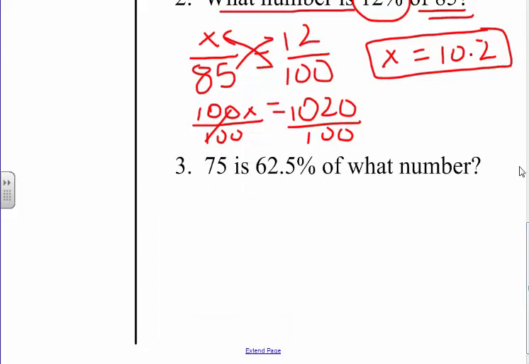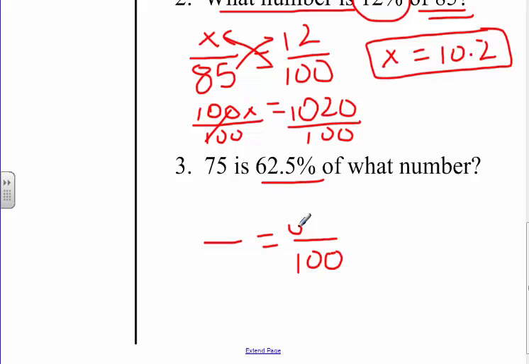Last example. 75 is 62.5% of what number? So is over of equals percent over 100. So you always have the 100 part in there for the percent. If it's helpful, you could start with the percent part, since when it's given, you know that that's out of 100.